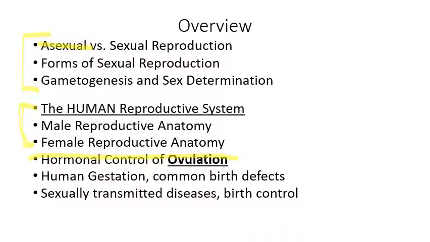You'll learn a lot more about how the hormones are produced in the next lecture. But for this lecture, we are going to talk about specifically how the production of female eggs is controlled by about 4 or 5 different hormones. It's a very complicated system.